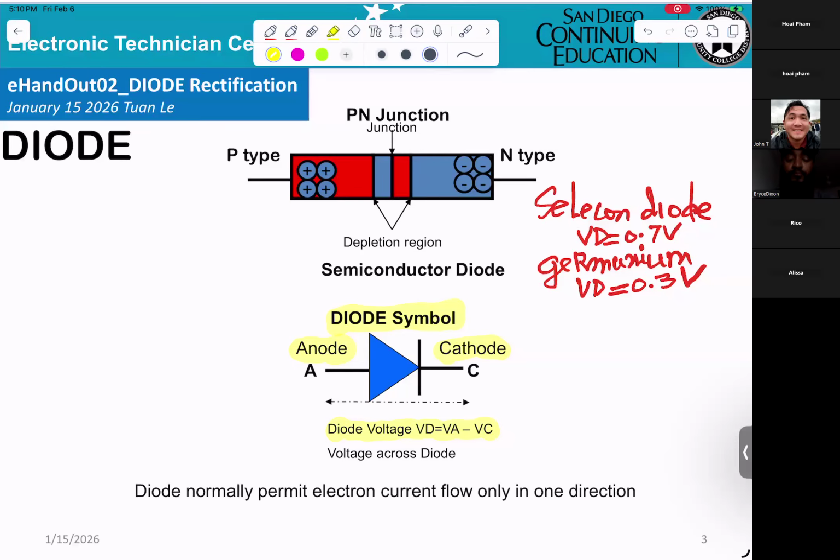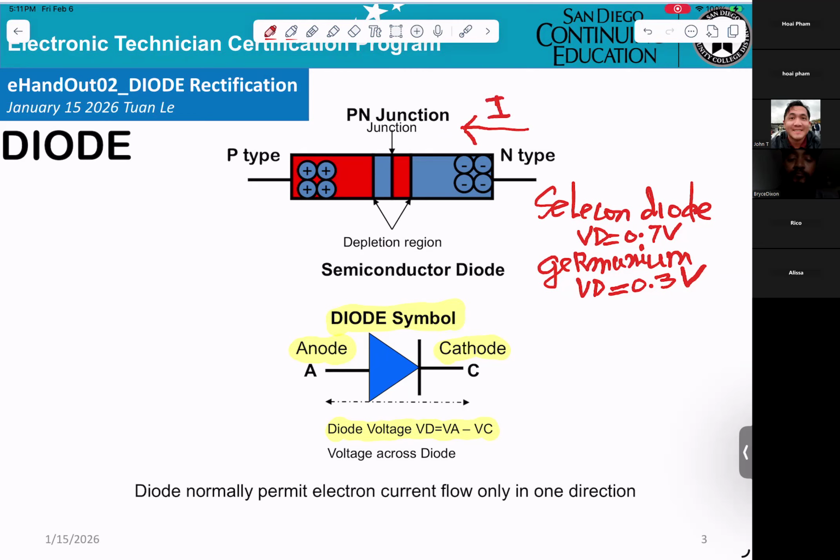That means the current can be flowing, they draw this way, I. Okay?